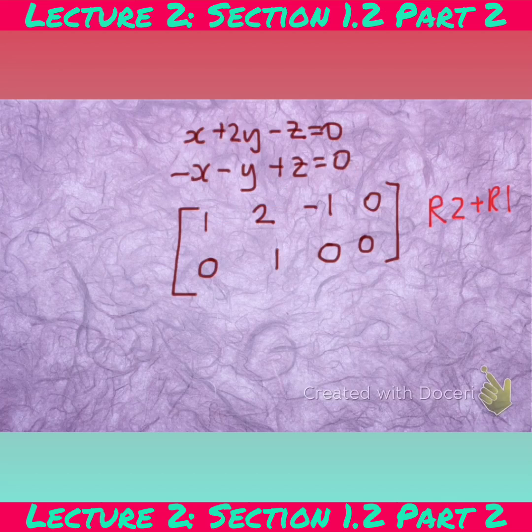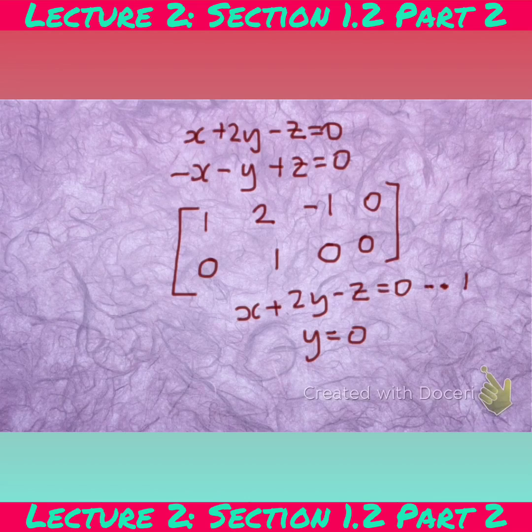In this case we can easily see that that corresponds to the system y equals 0 and x plus 2y minus z is equal to 0.